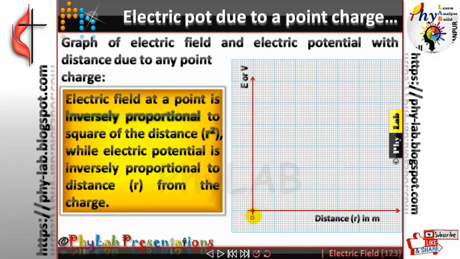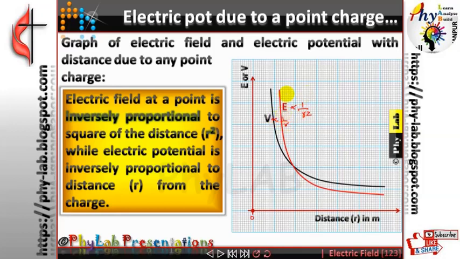This is my origin, and as I move away from the point charge, electric field is going to vary proportional to 1 by r square. So friends, this electric field varies proportional to 1 by r square hyperbolically. Whereas if I plot the potential, then potential varies inversely proportional to r, so it is a rectangular hyperbolic graph. So V is proportional to 1 by r.